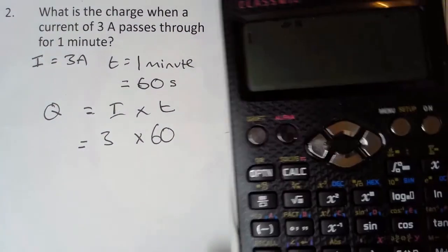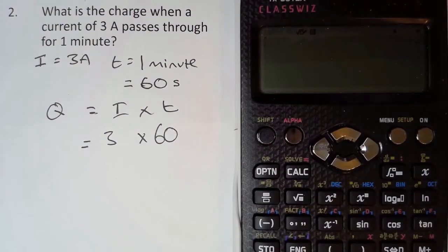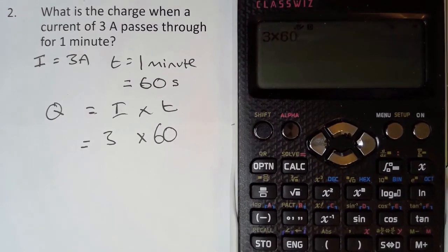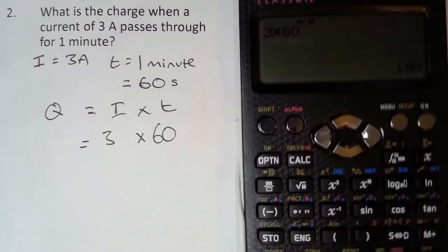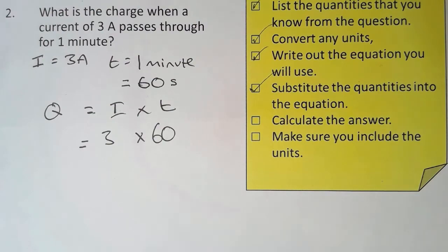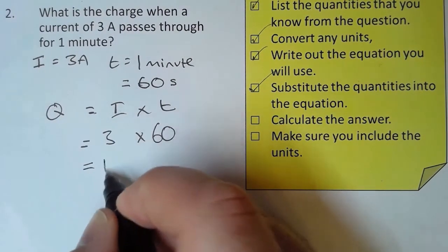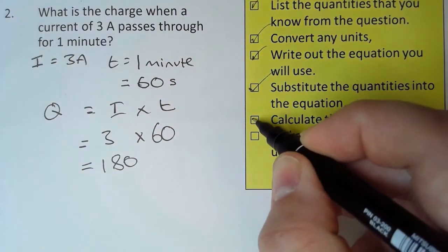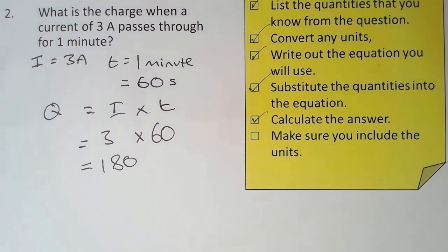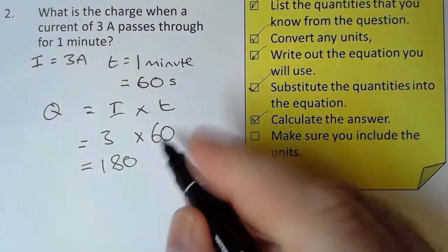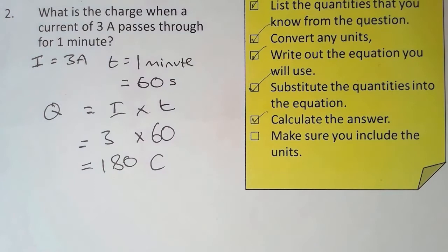Again, exam conditions can do funny things to the brain. So 3 times 60 gives you 180. So there's our calculation. And finally, make sure that you include the units coulomb.